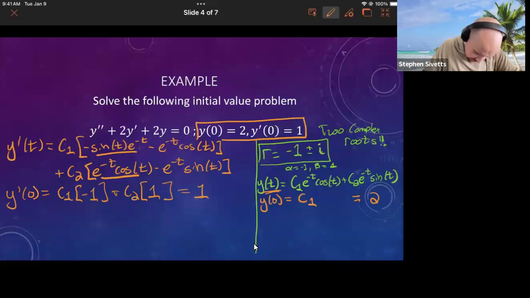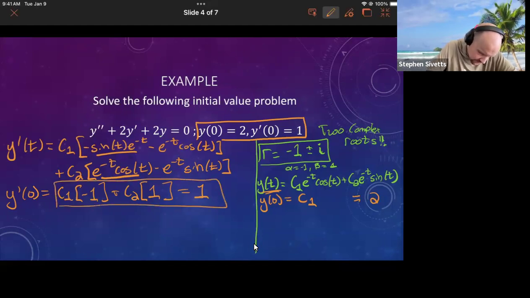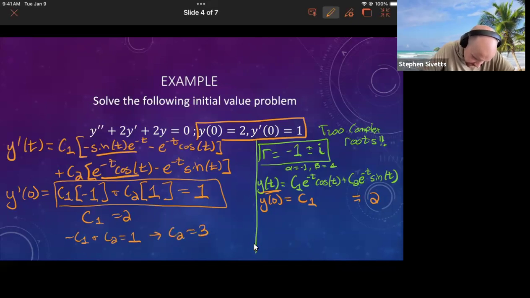That would be equal to 1. So we know that C1 is 2, and we also know that minus C1 plus C2 is equal to 1. So that concludes that C2 is 3.